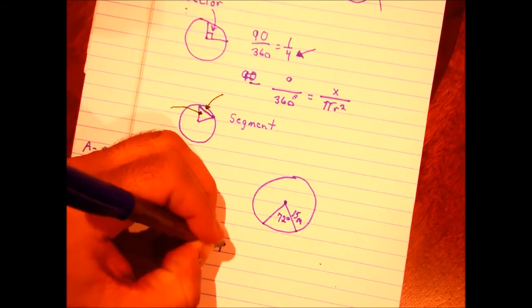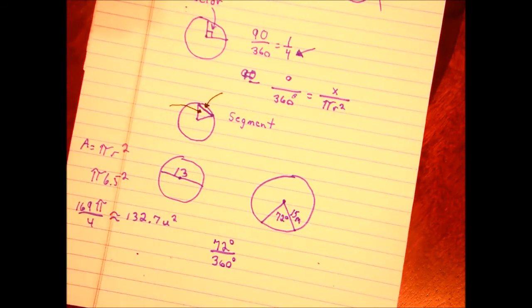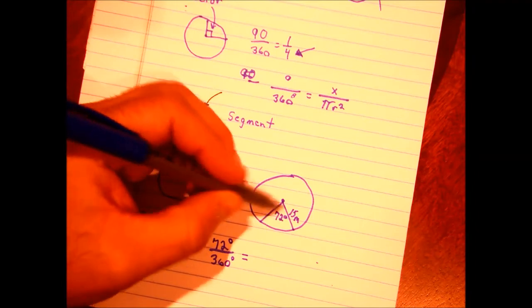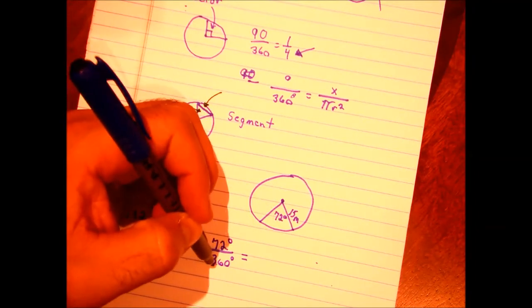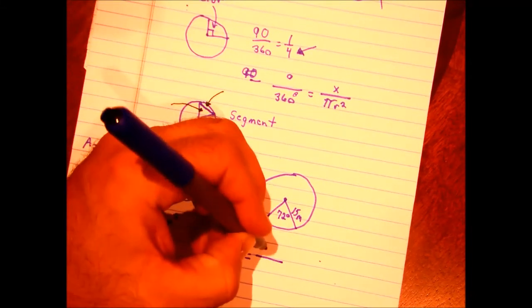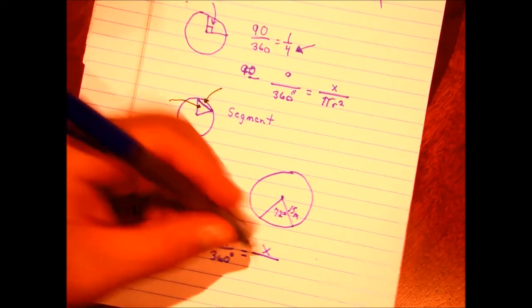So that's 72 degrees over 360 degrees. Now why do I know I'm doing that? Because I'm finding the area of the sector. That's the percentage of the circle. 72 degrees of 360 gives me the percentage of the circle. And then I'm looking for the sector, so that's across from my 72.